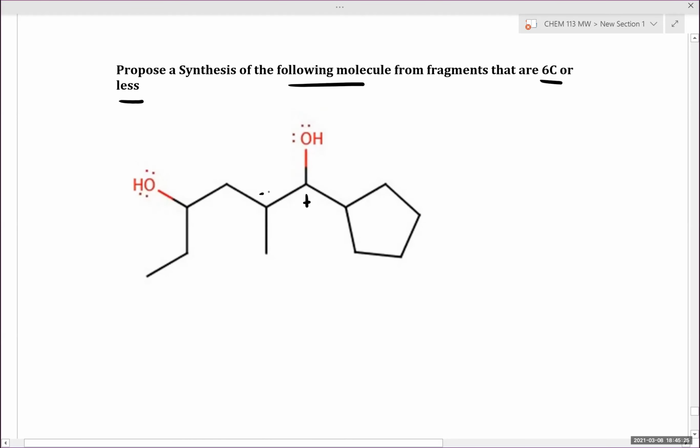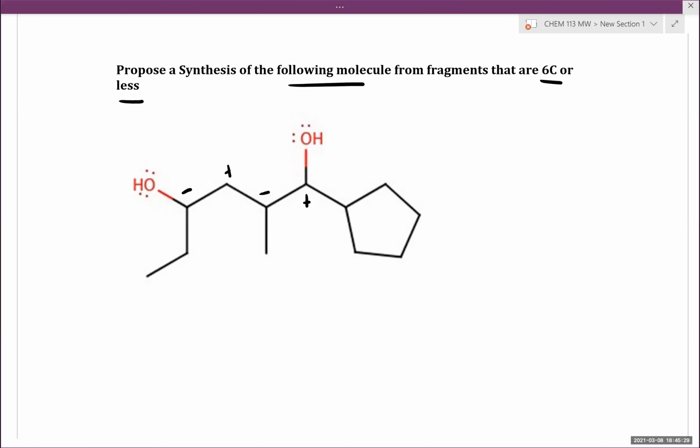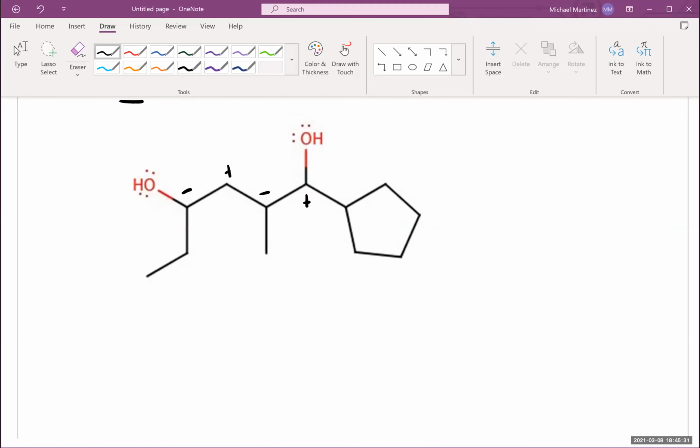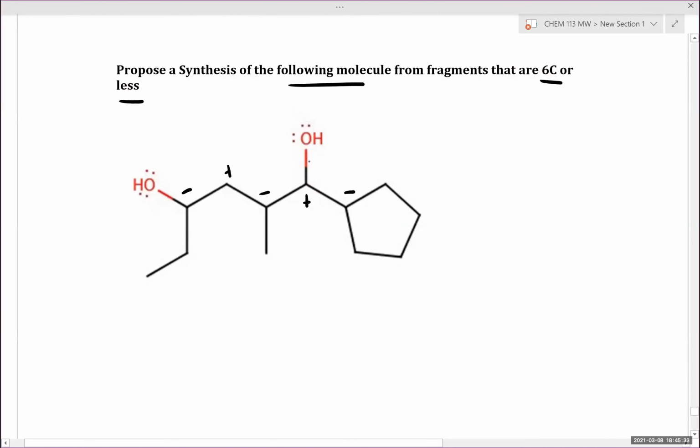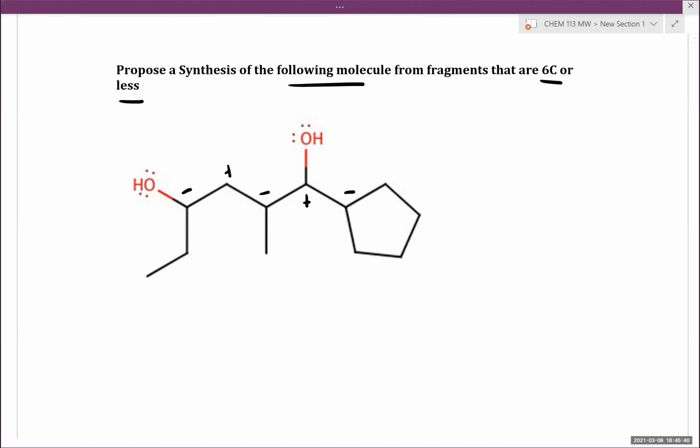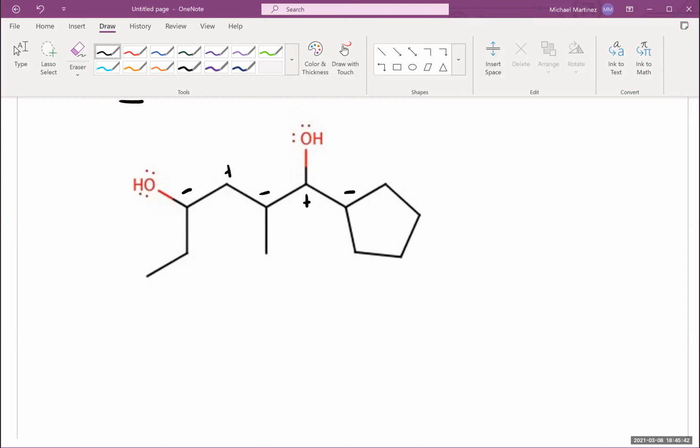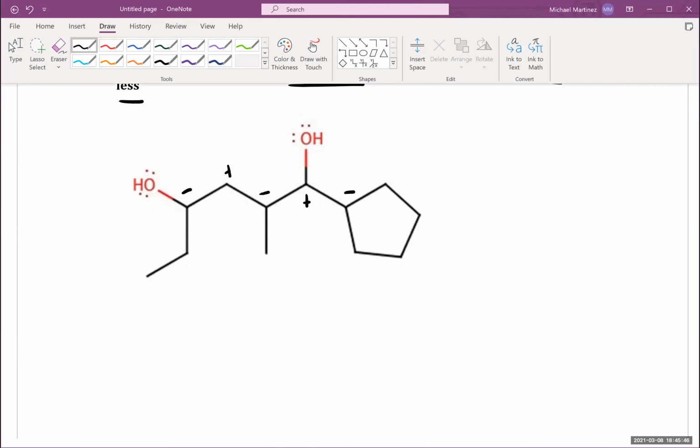First, I'll show the consonant pattern. So there are 2 potential consonant patterns to work with. We can either start counting from the alcohol carbon on the right, or we can start counting from the alcohol carbon on the left.